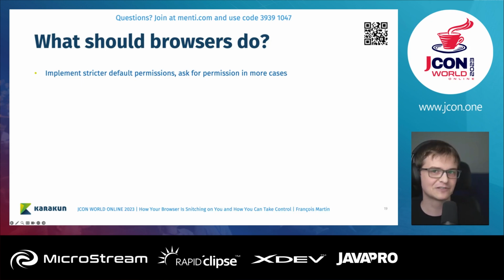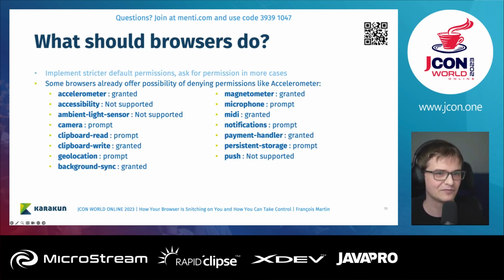Now you could, of course, make the argument that, at least in some browsers, you can change the settings of your browser to automatically deny the permission for the accelerometer. You can see here the permissions that you can read out from, for example, Chrome in this case, that are set by default.